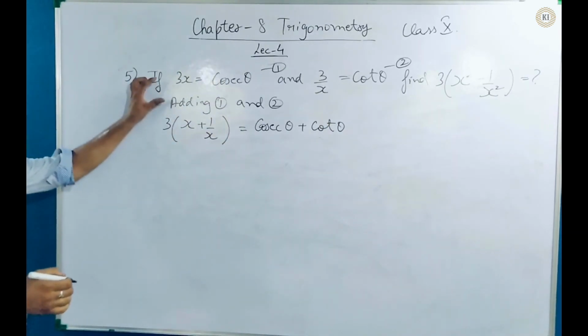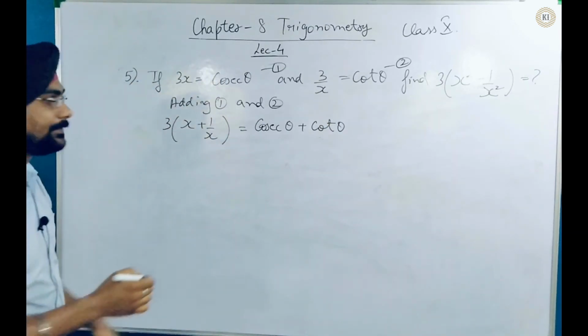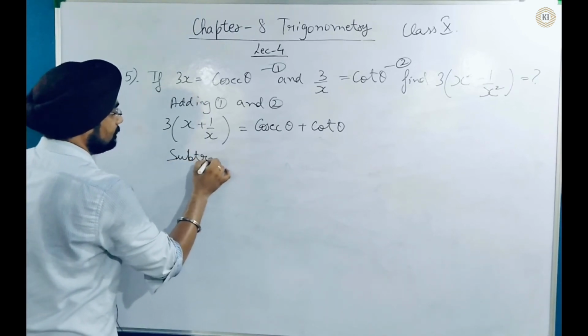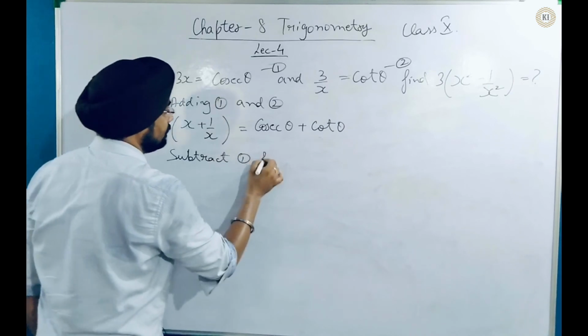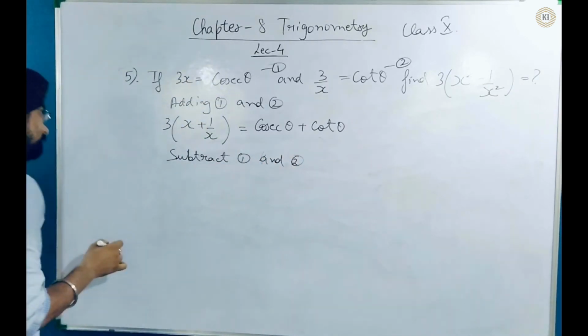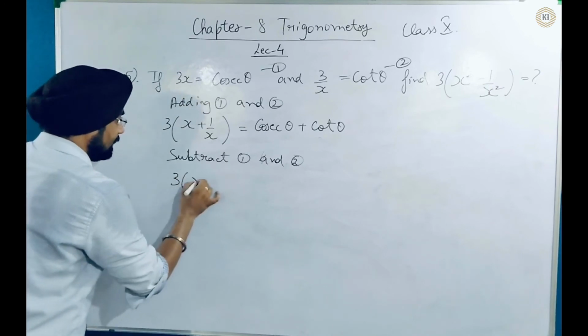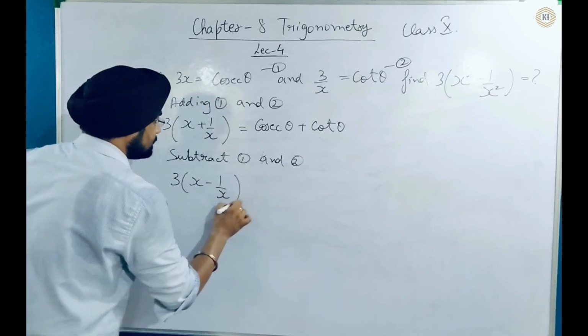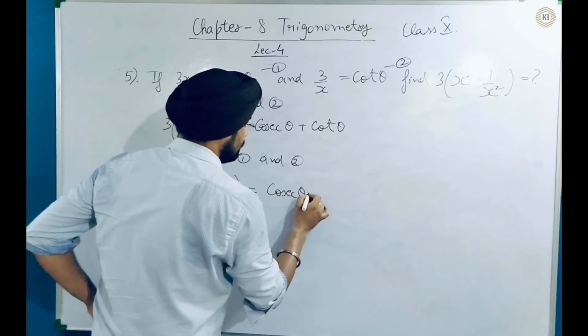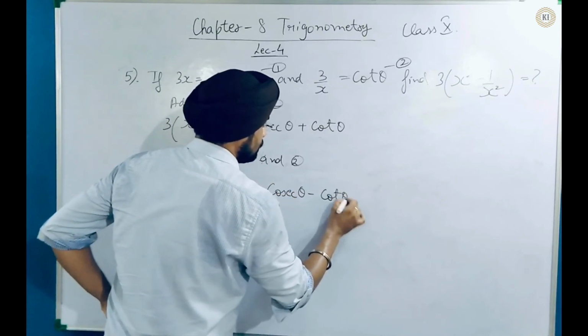Now first we have added, in the second step we will subtract 1 and 2. When we subtract, 3 in bracket x minus 1 by x is equal to cosec theta minus cot theta.